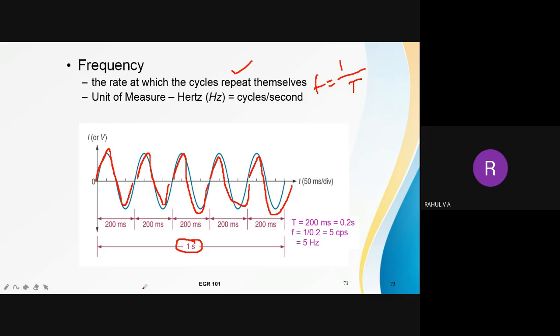The total duration is 1 second, and within that 1 second there are 5 full waveforms. So the frequency of this waveform is 5 hertz. Sorry, how many cycles are there in a second? That is the meaning of frequency.